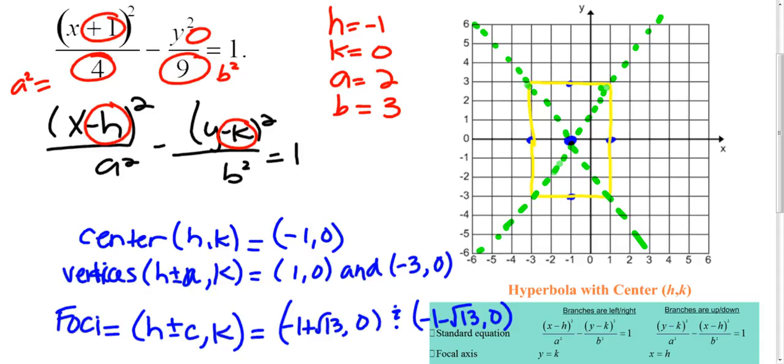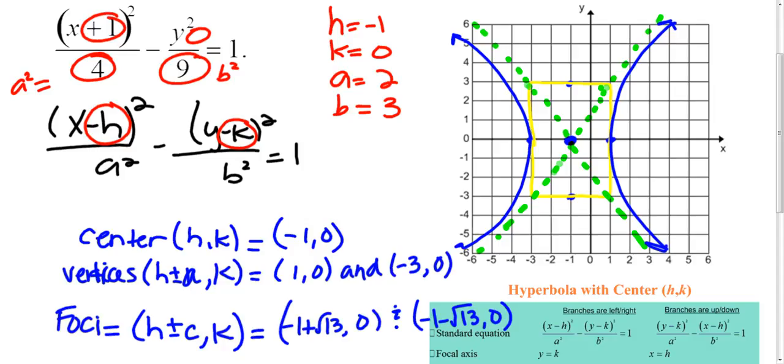You certainly can. I know that this is a hyperbola that has to open left or right, because the x value is listed first. So I know that this is going to be my hyperbola, something like that. I know that if I want to graph my foci, the square root of 13 is 3.87.